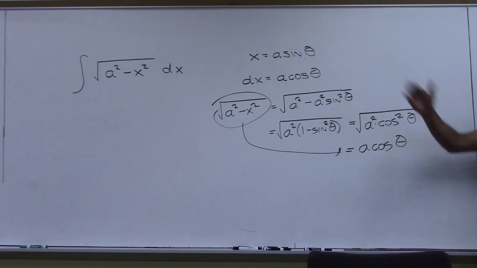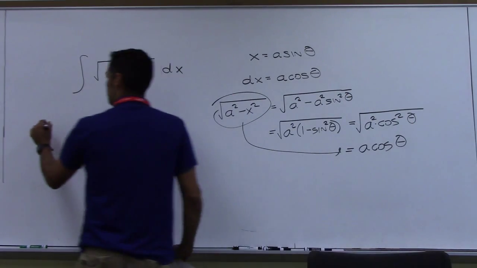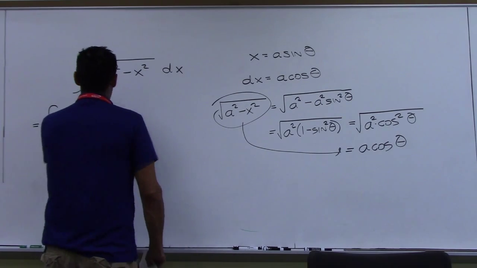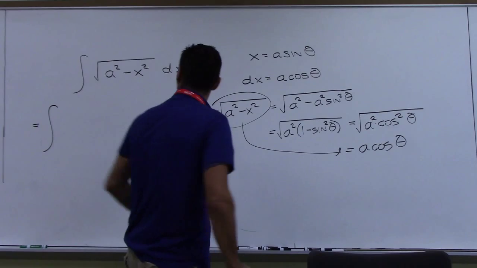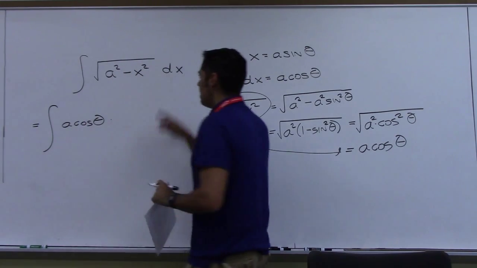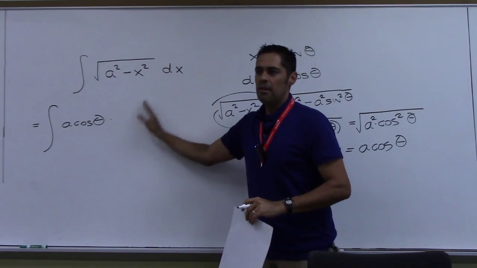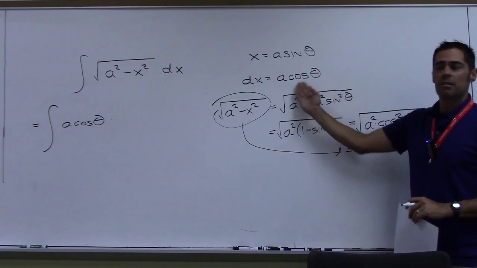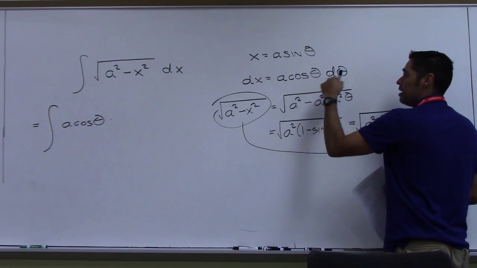And when you do that, we should be able to rewrite the whole integral now. So this integral becomes this thing, which was a cosine theta. And then don't forget dx. Dx is part of the game too. You don't just change dx to d theta. Dx is whatever dx is here. Oh, I forgot my d theta right there. Sorry. When I differentiate, I have to have d theta there.